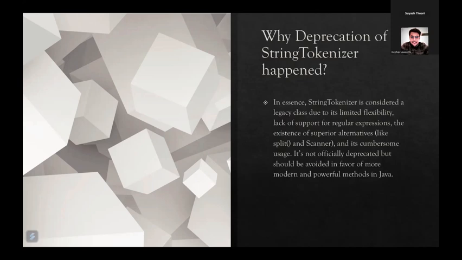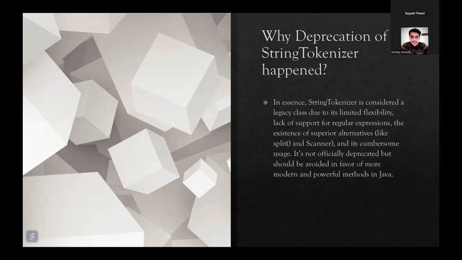Now, why did the deprecation of string tokenizer happen? In essence, string tokenizer is considered a legacy class due to limited flexibility, lack of support for regular expressions, the existence of superior alternatives like split and Scanner, and concurrency concerns. It is not officially deprecated, but it should be avoided in favor of more modern and powerful methods in Java.